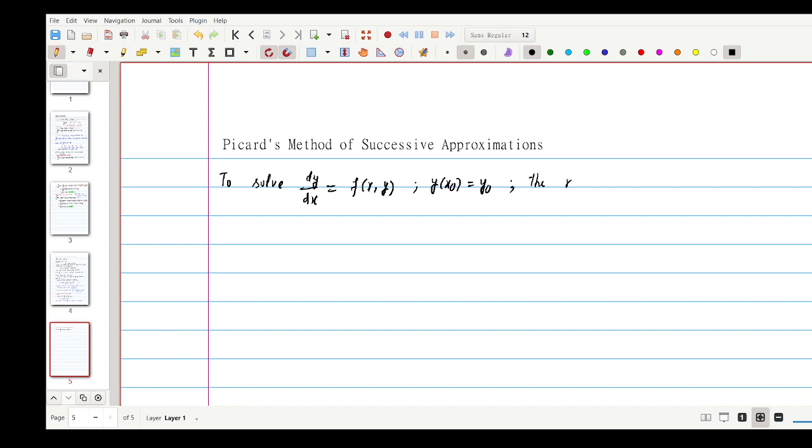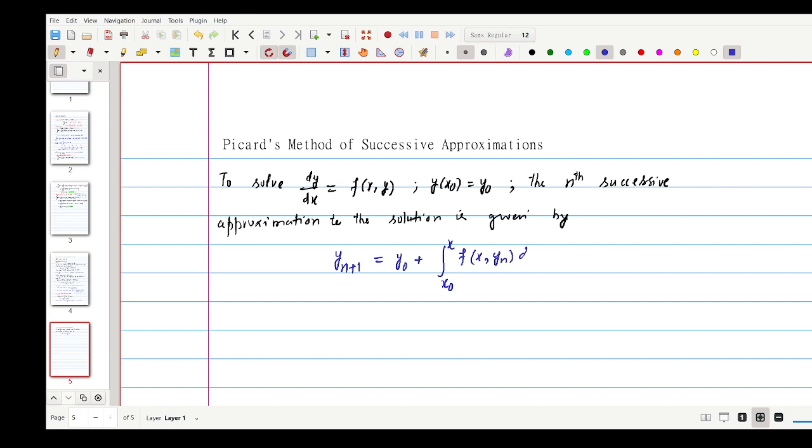The nth approximation to the solution is given by y n plus 1, which is defined as y naught plus integral x naught to x f of x, y n dx, where n is greater than or equal to 1. So this is how Picard's method of successive approximations is defined.